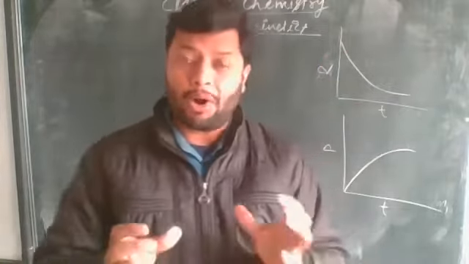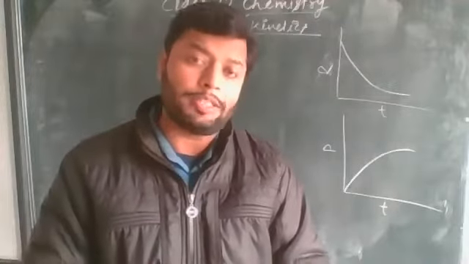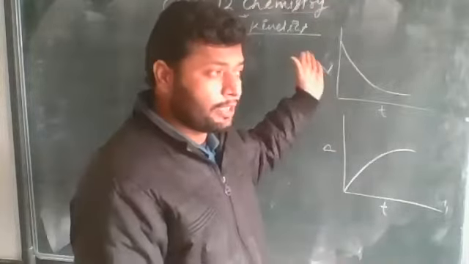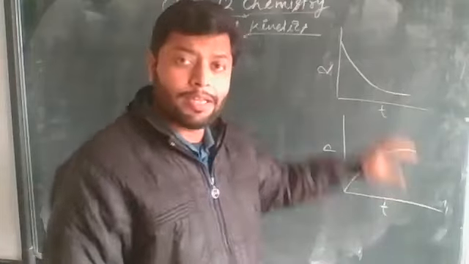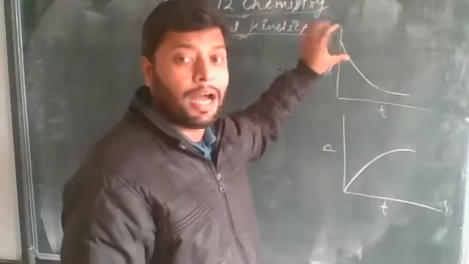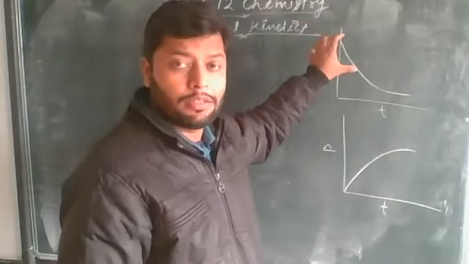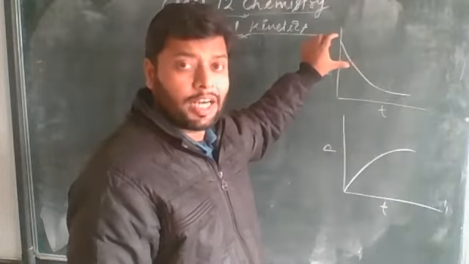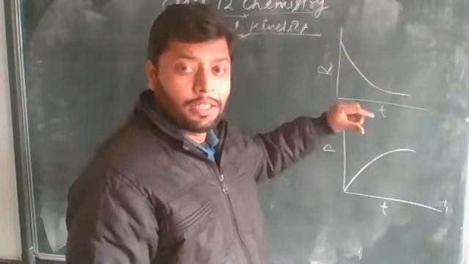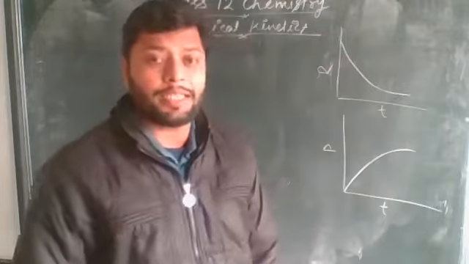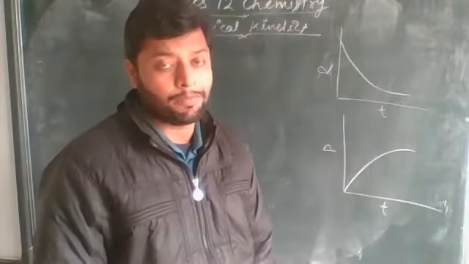It indicates one very important factor, that is concentration. Students, you can see that in the beginning, when the concentration of reactant is very high, the disappearance of reactant is also very high.